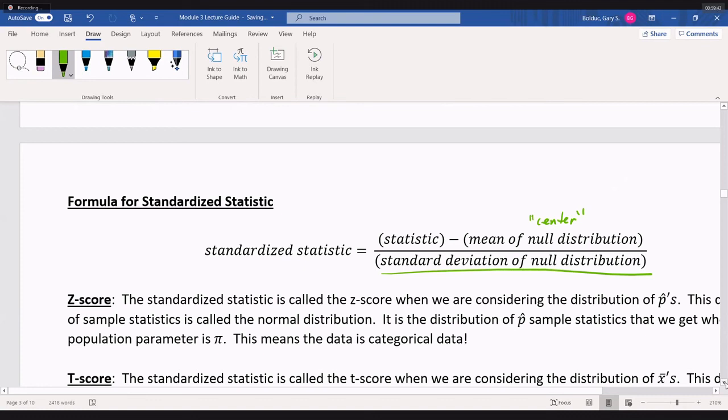So let's think about this. And this is, maybe you haven't done this in a while, but we can think about this. If I put a small number on the bottom of a fraction, it makes the whole thing big. So the smaller the standard deviation, the more compact your chance model is, the bigger your standardized statistic is. And a bigger standardized statistic means more extreme. Okay?